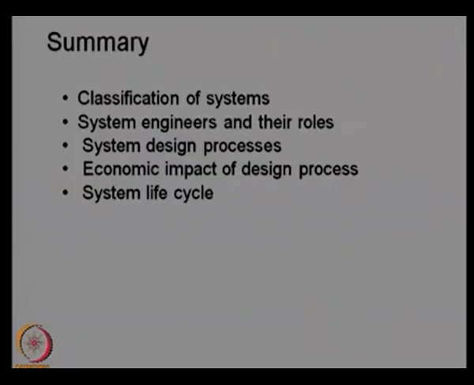To summarize whatever we discussed in this class, we discussed the classification of the systems, and then the roles of system engineers, and then we discussed the system design processes, basically the stage gate process, spiral process, and the system V process, and then we looked at the economic impact of the design process.